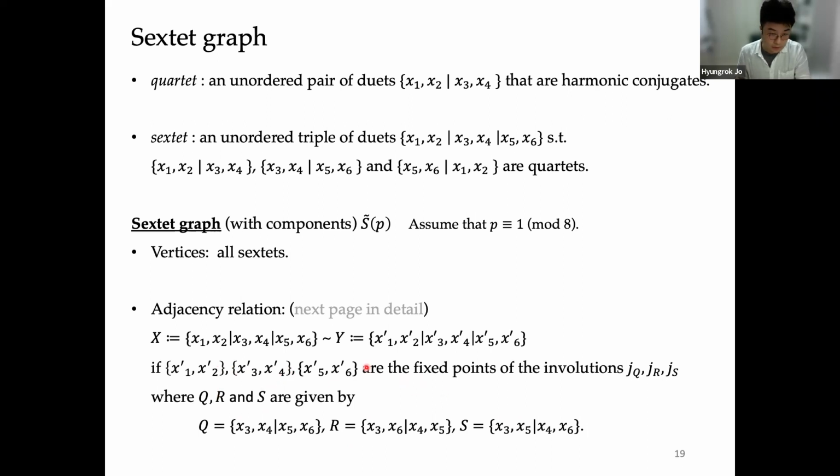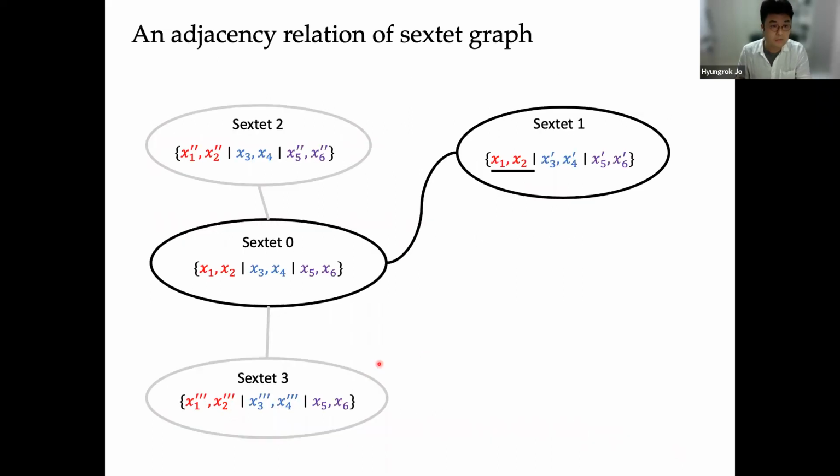So we will give some detailed explanation. These sextets have one common duet with each other. So here we have sextet X0, and X1 and X2 are the common duet. And here X3, X4 is common, and the third one is the common duet.